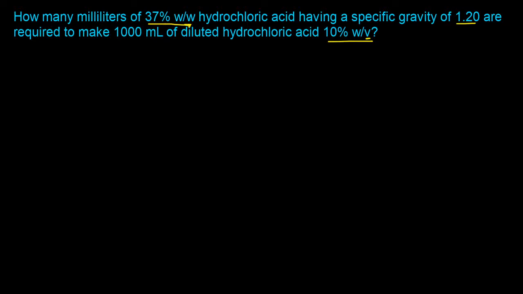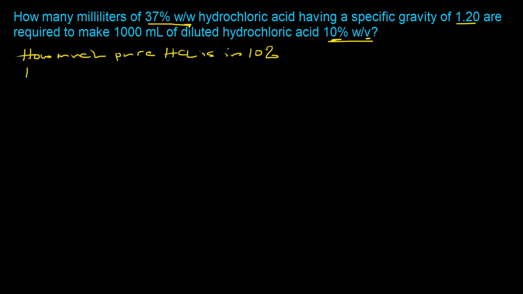From first principles, the way to work is to answer a number of questions. The first question is, how much pure hydrochloric acid, HCl, is in the 10% in this quantity? The way we do that is we take the percentage concentration.